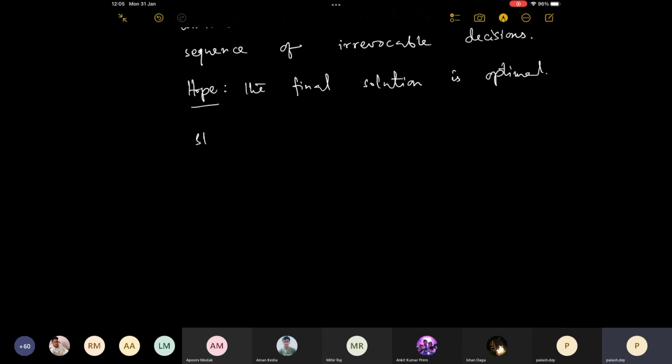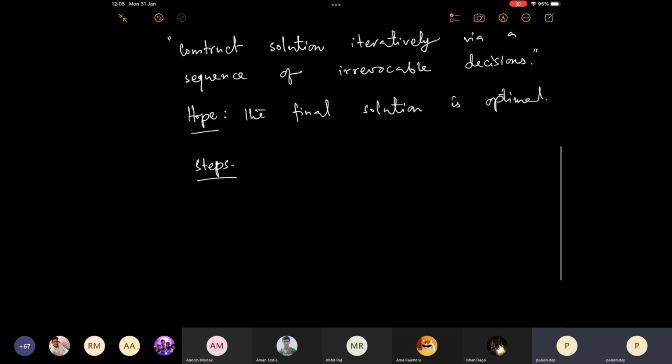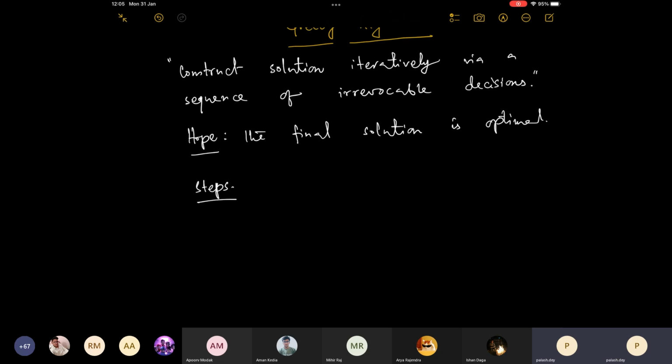Sir, what are irrevocable decisions? It means, we'll see in the example, that a decision taken in the first iteration that something will be part of my solution, later we will not change that decision.